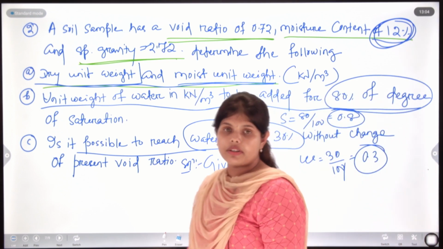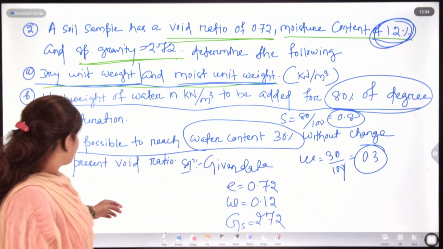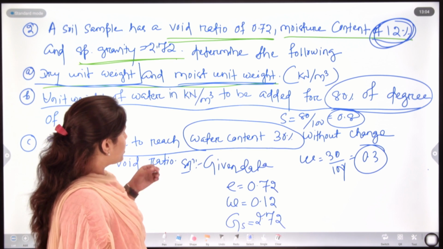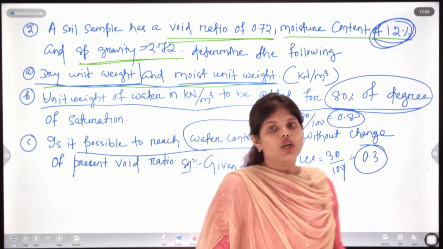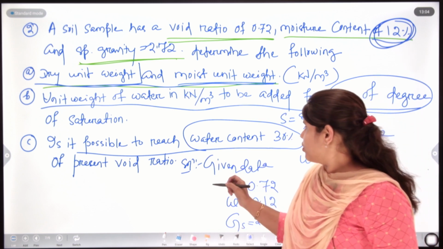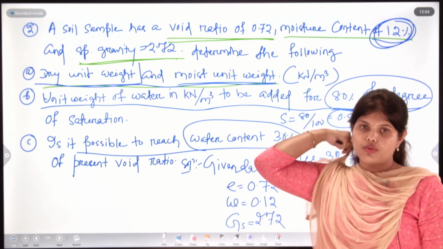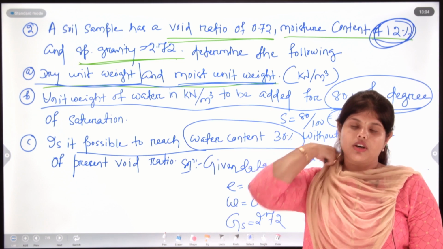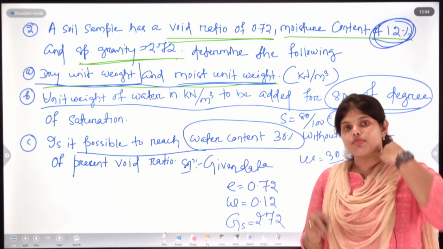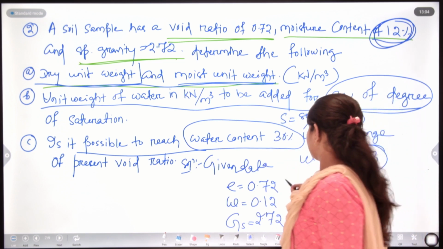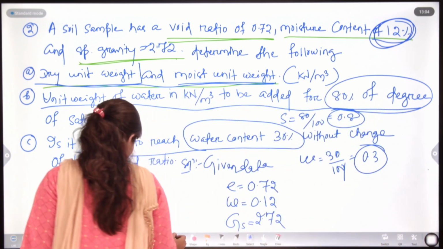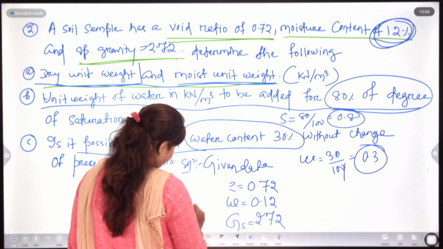By taking water content, what will we calculate? We need to check: if S is greater than 1, it is not possible. If S stays from 0 to 1, it is possible to reach the value. Here we can calculate.